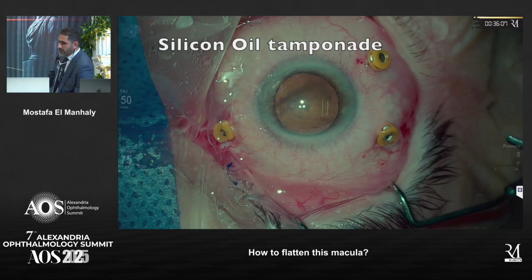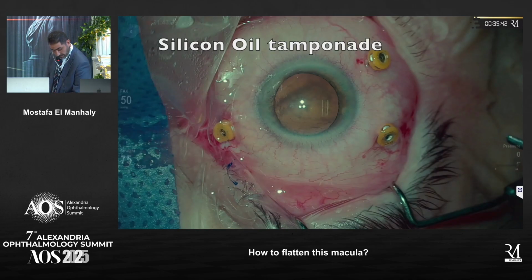Dr. Ashraf, how would you drain such a detachment, or you don't drain? We have to revise again the picture of this detachment. This detachment is extending up to the periphery, and it should not be considered a myopic macular hole detachment. There must be a peripheral break.